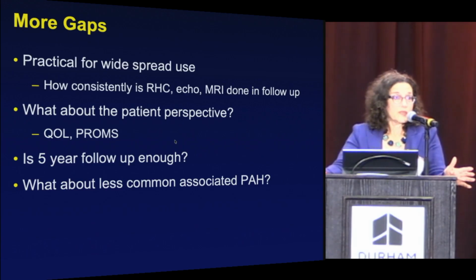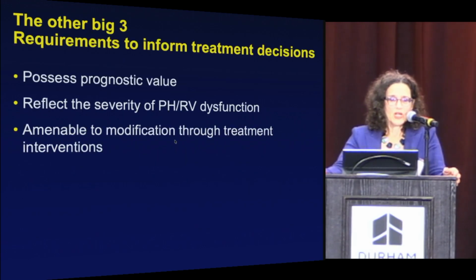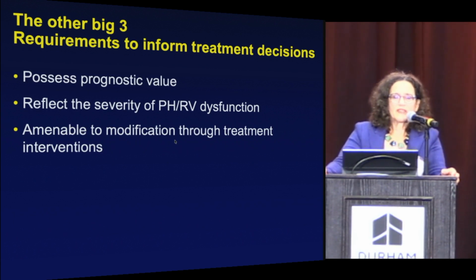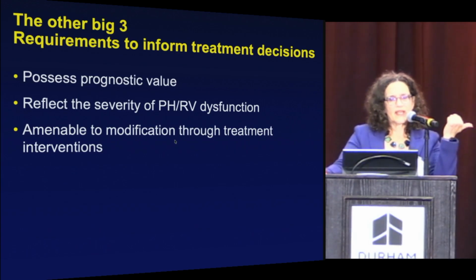One of my biggest beefs with the data we have is that the follow-up is not long enough, especially for those younger patients. And most of it doesn't apply to some of the less common associated types of PAH. So when we think about the big three, we need to think about the other big three, what we really need to inform treatment decisions. And so, yes, it needs to have prognostic value like our current big three does.